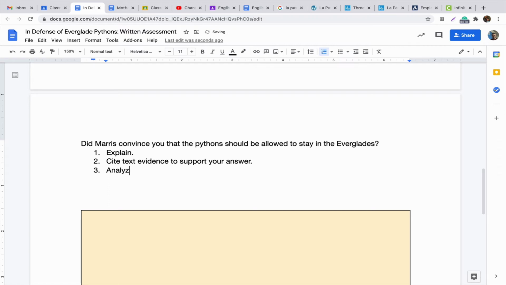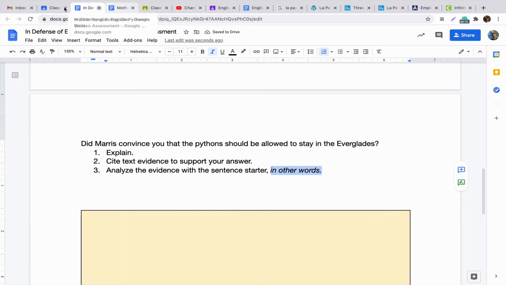So I'm going to put this in my own words. This is just what I remember. Analyze the evidence. This is how I'm going to be graded with the sentence starter in other words. So I'm going to use this transition, the sentence starter in other words, to analyze my evidence.